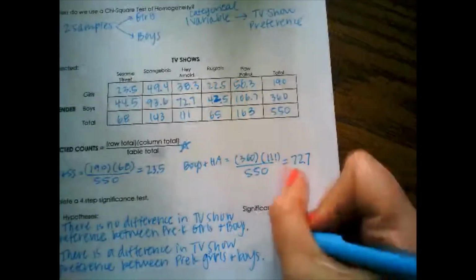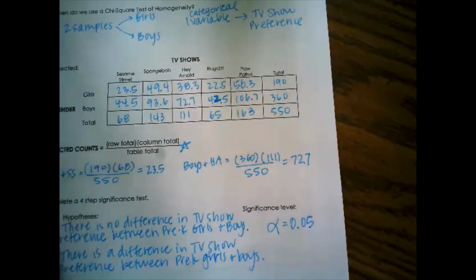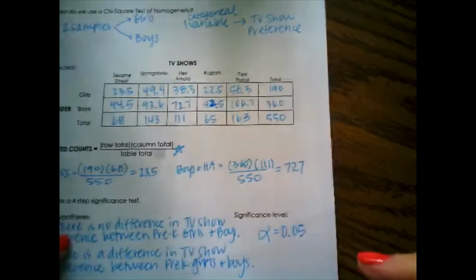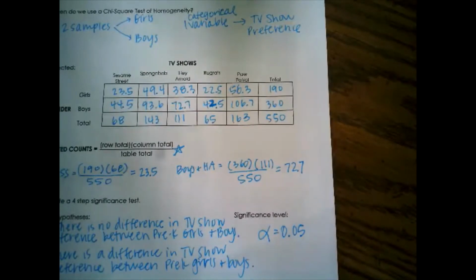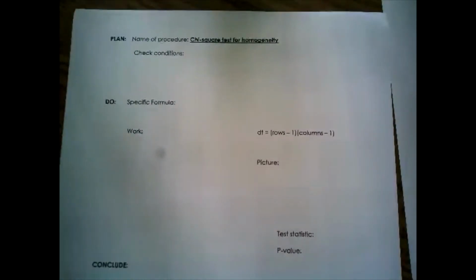All right. Let's just use an alpha of 5%. And let's now look at our conditions. For our conditions, it's pretty much the same idea as your chi-squared goodness of fit. The first one we're going to check is our random condition.